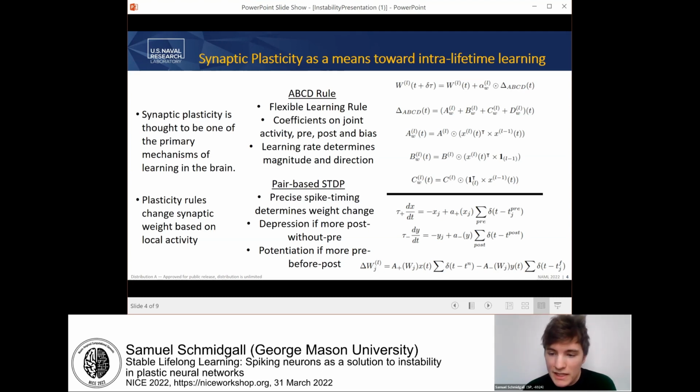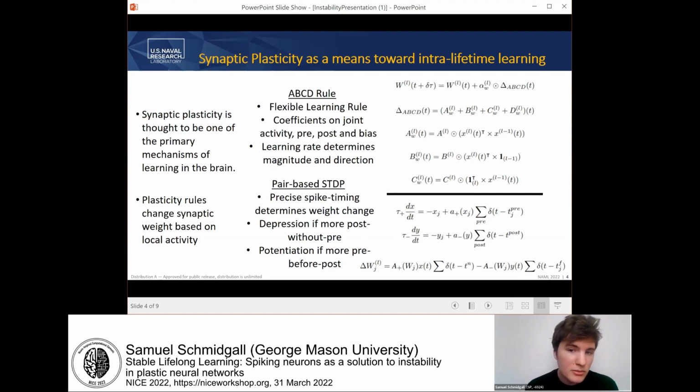If the pre-trace X is larger when the postsynaptic neuron fires, then a larger potentiation will occur. Likewise, if the post-trace Y is larger in the presence of a presynaptic spike, then a larger depression will occur. That's the fundamental basis of the pairwise STDP rule.